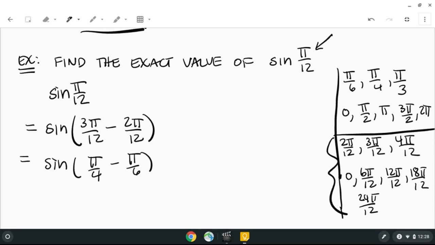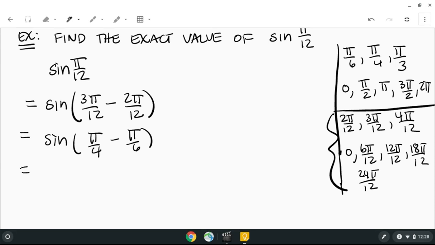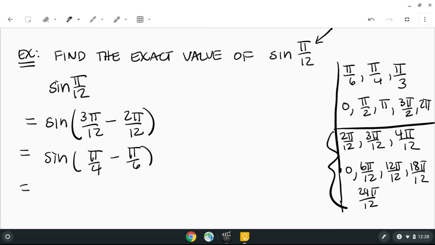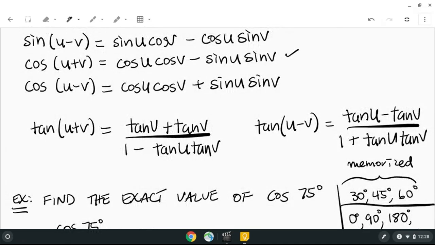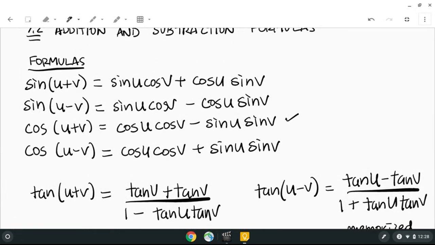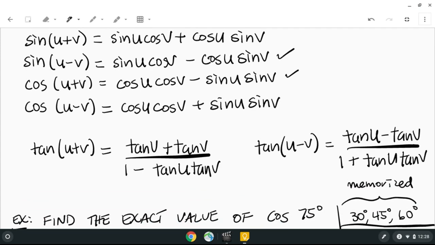Okay. All right, so going back to our sum and difference formulas, sine of u minus v is going to be this one right over here. So it's going to be sine cosine minus cosine sine.